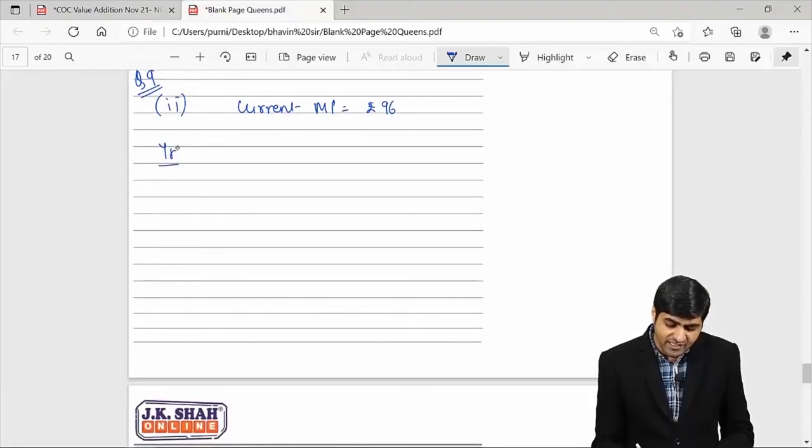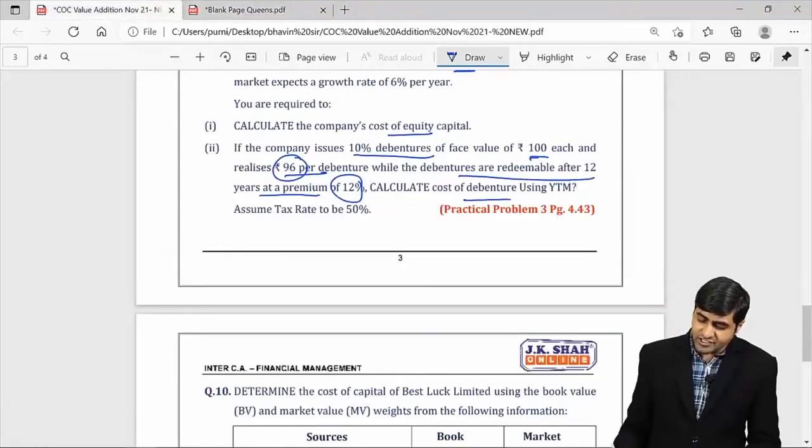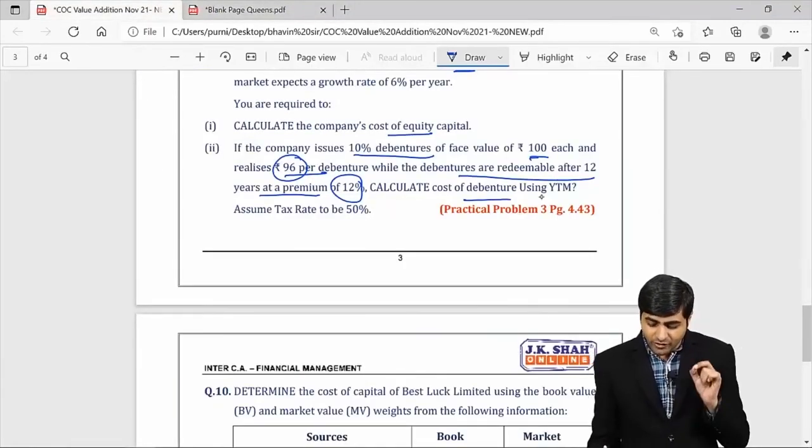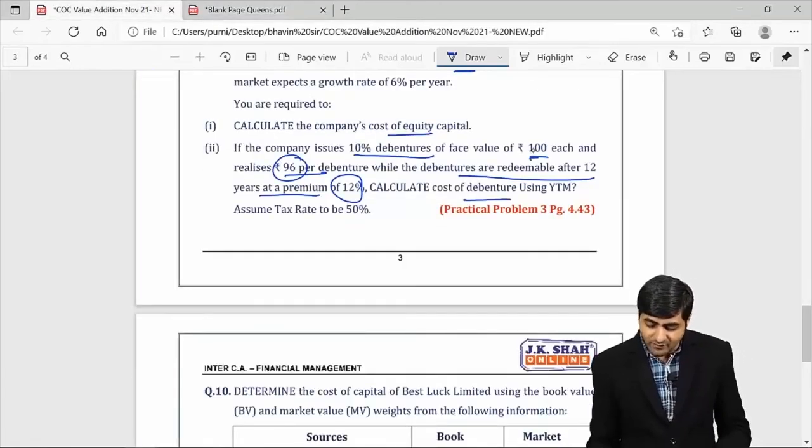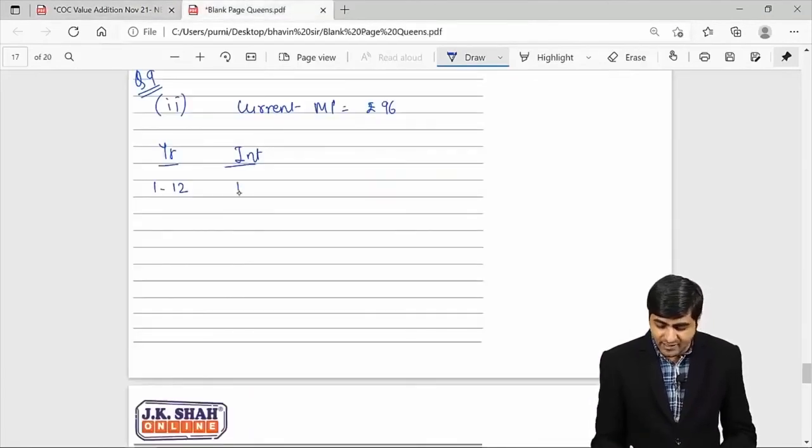Just develop your series of cash flows. So you can just check that you are going to redeem this particular debenture after 12 years. So from year 1 to year 12, you will be getting the interest, which will be nothing but 100 into 10%, that is 10, and this will be subject to tax savings where the tax rate is 50%.